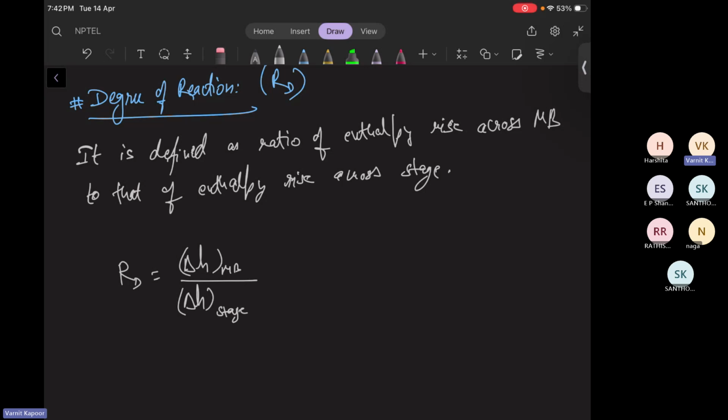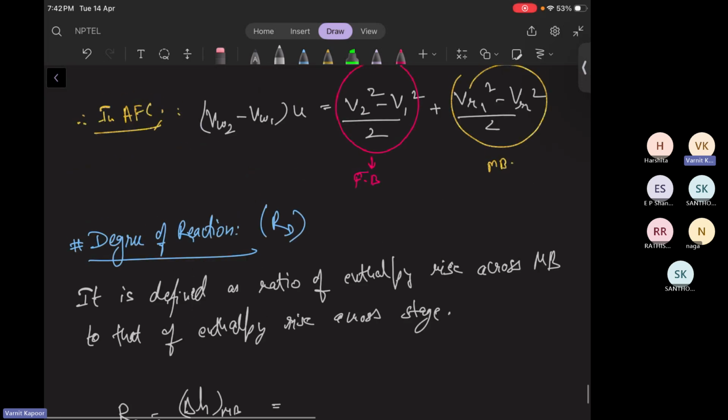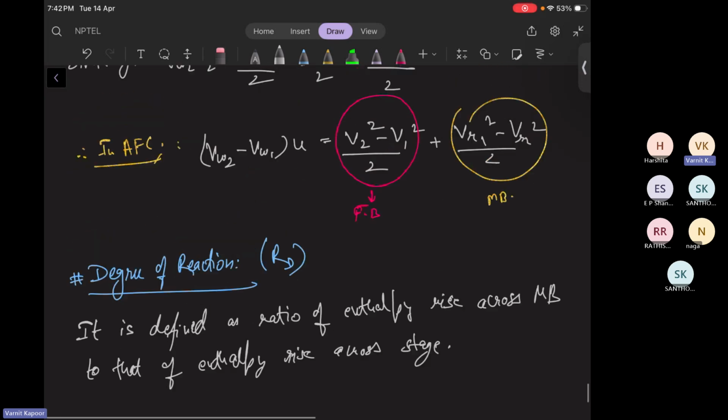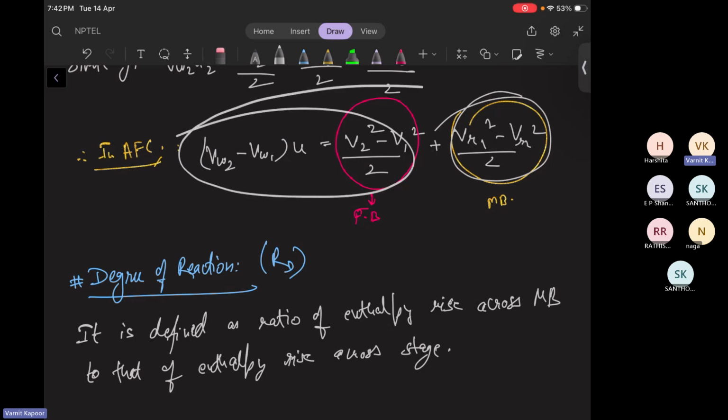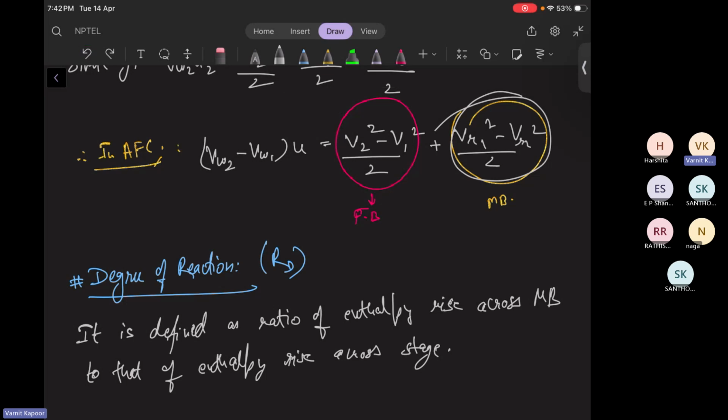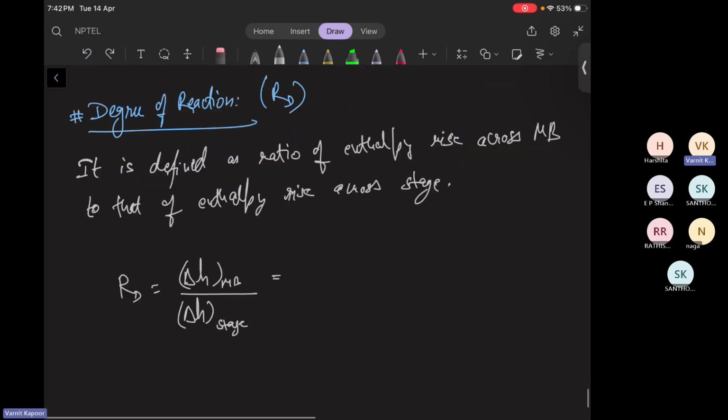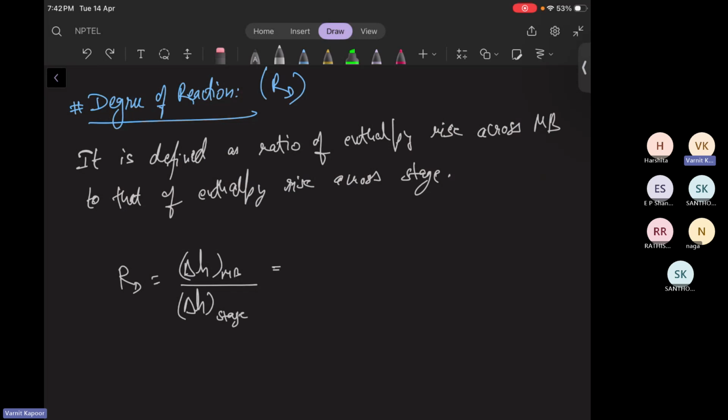Moving blade enthalpy change can be written in terms of velocity is nothing but this term, and whole of your enthalpy rise across each stage is the complete VW2 U minus VW1 times U, for each stage. So that is VR1 square minus VR2 square by 2.